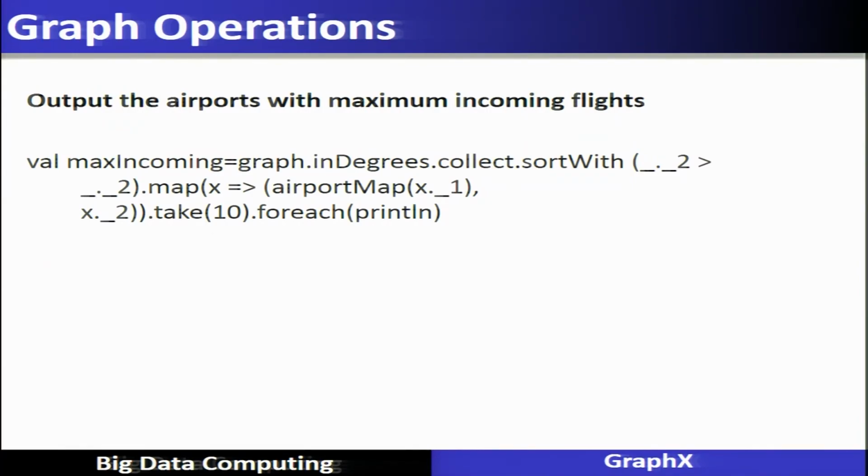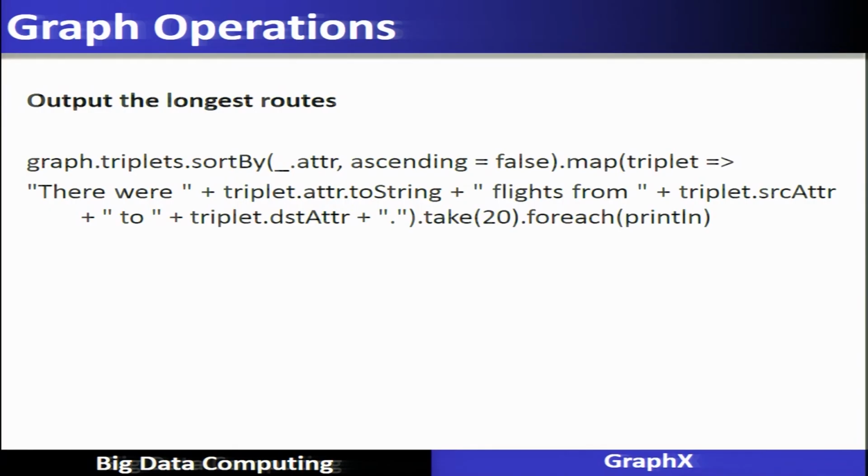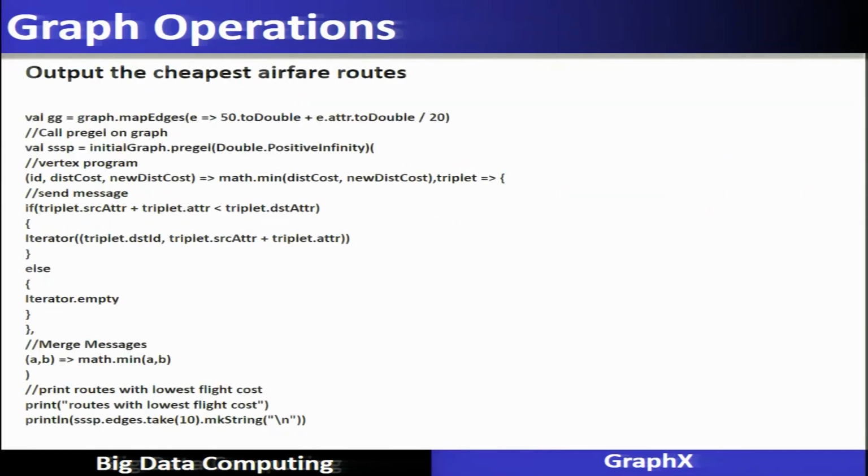We can get this using this particular piece of code. Similarly, we output the longest routes by sorting and applying it on the graph triplets.